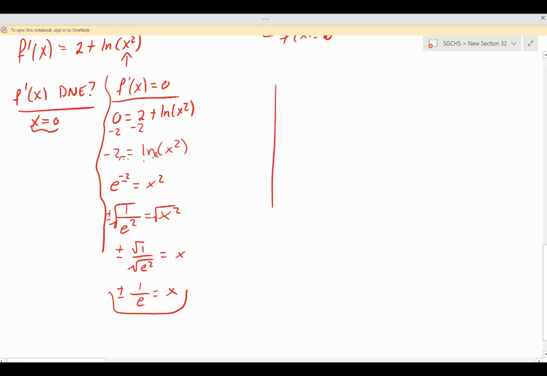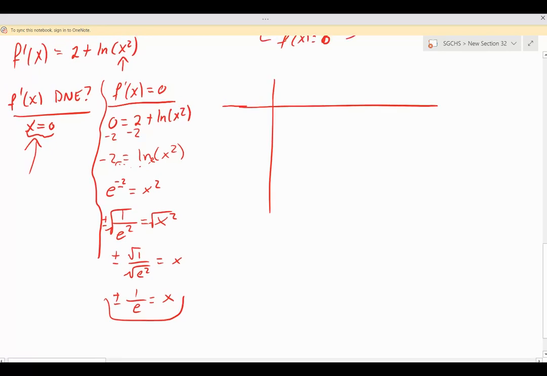Well, we have to use a table. Remember, in our table, we're going to also include where it does not exist. Okay, so we are going to have intervals set up where we're going to figure out what our first derivative is doing when x is less than 1 over negative e.